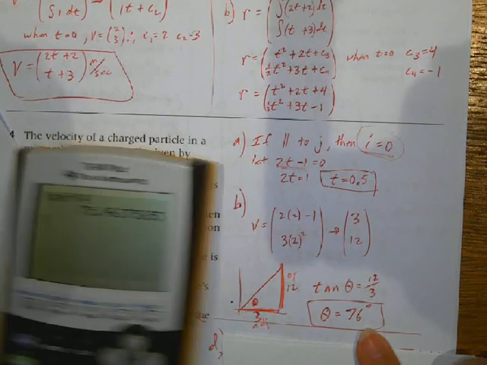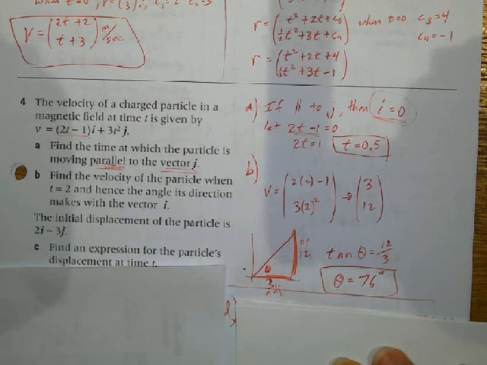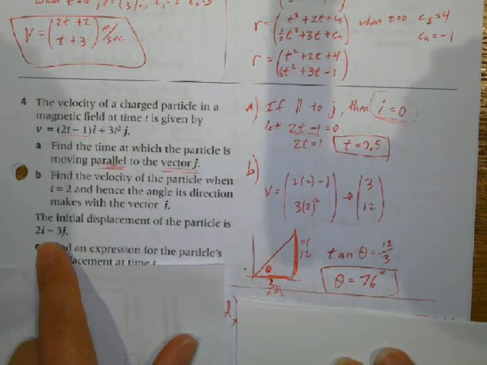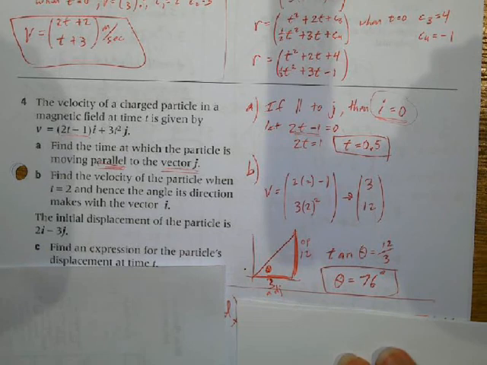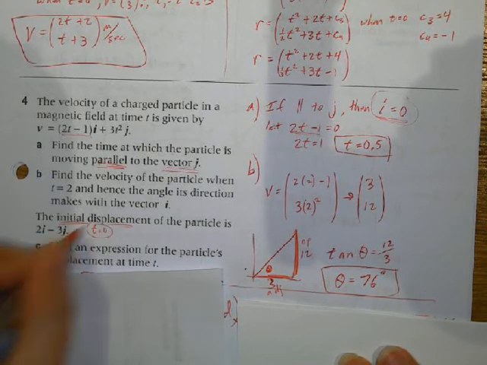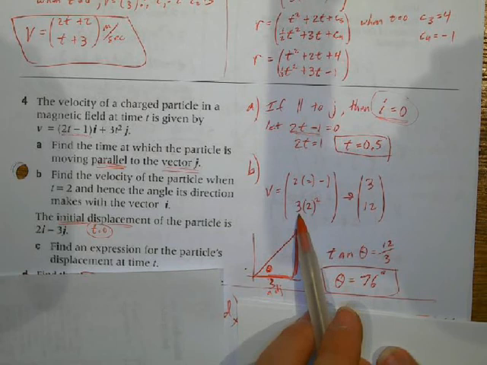Okay. Question C says the initial displacement of the particle is 2i minus 3j. So initial displacement means, once again, t equals 0. So here we've got a vector for velocity.